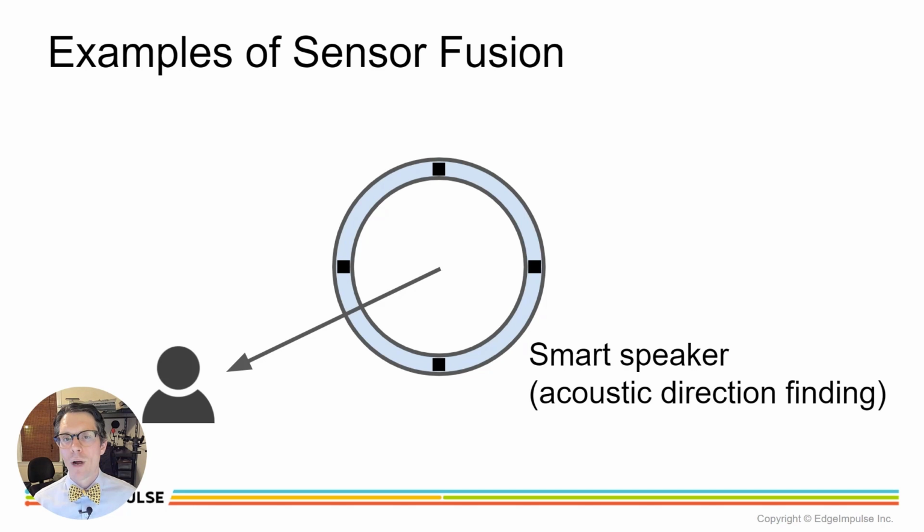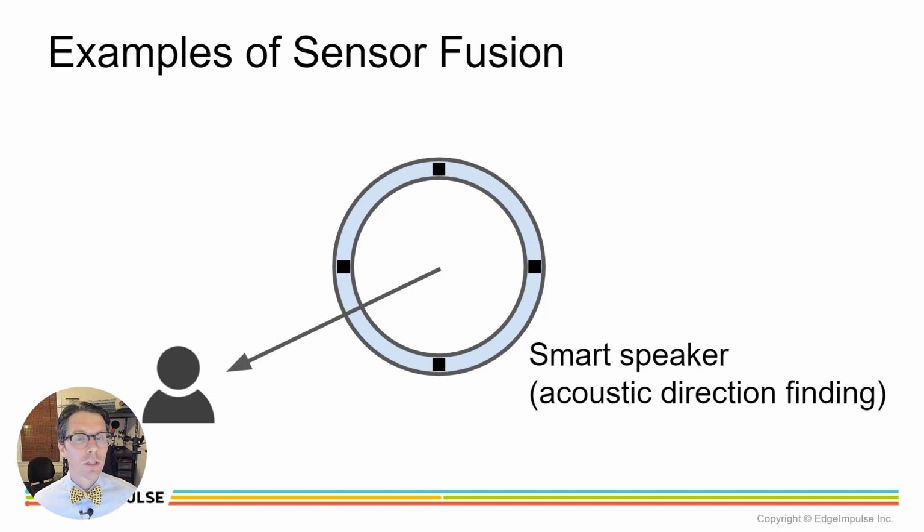You are probably aware of some examples of sensor fusion. The first is when you have a device like a smart speaker perform acoustic direction finding. For example, you may own a smart speaker and it uses an array of microphones in order to narrow in on where a speaker is coming from, or where the sound from that speaker is coming from.